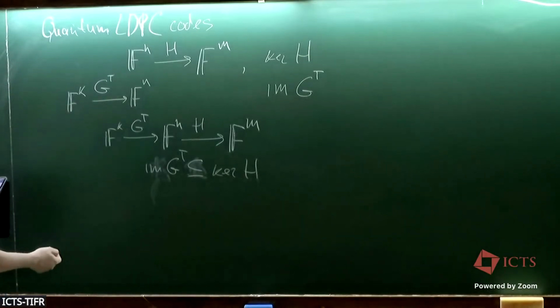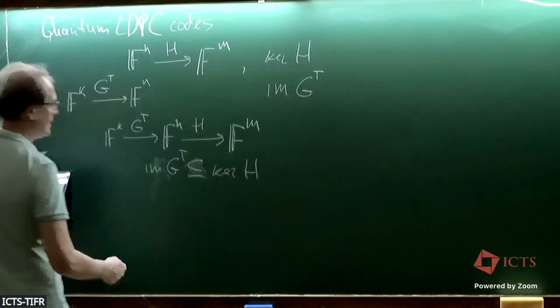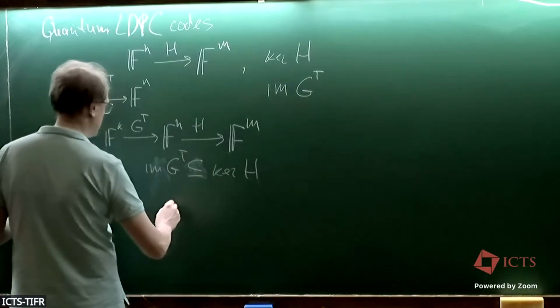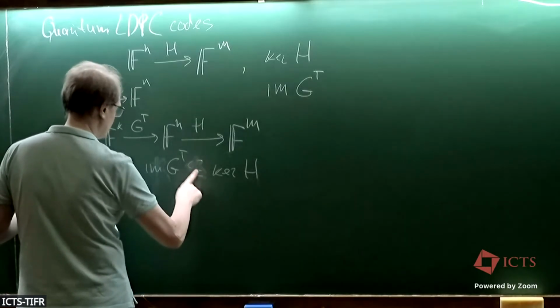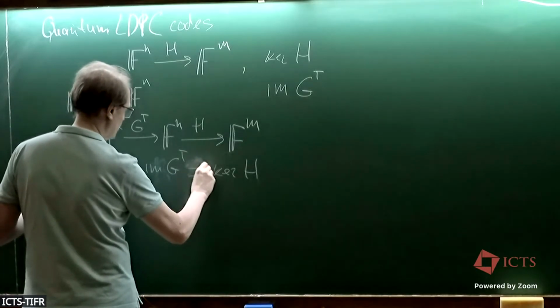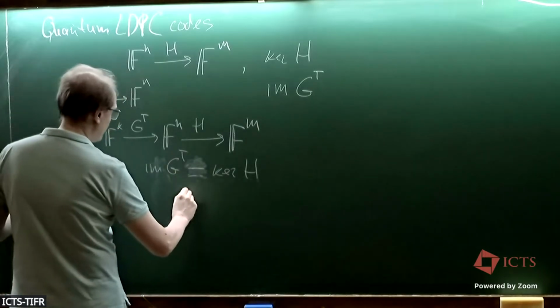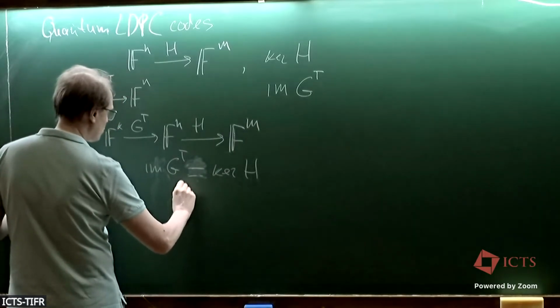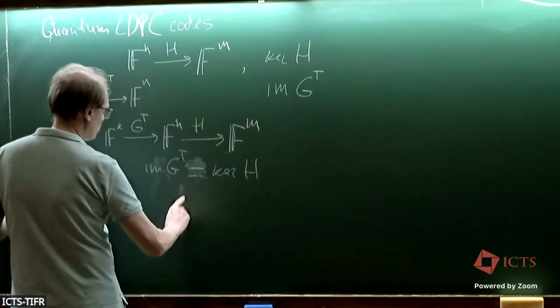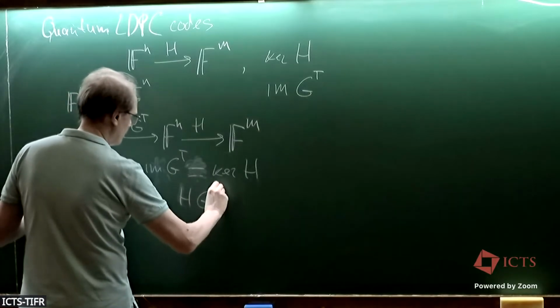And in fact, you can also write it in a different way. Let me just, for the moment, write an equal sign. And you can also write it in a different way.